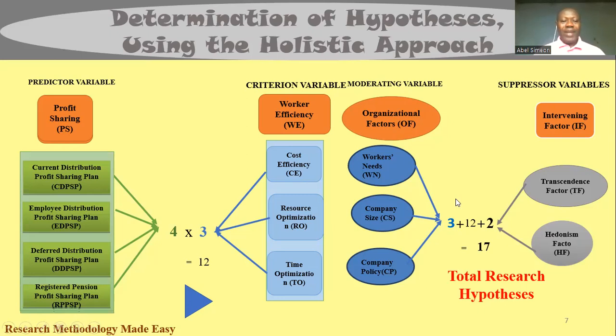The formula is simply: you multiply the dimensions by the measures, add the moderating variable if there is one, and then add the suppressor variable if there is one. There is no multiplication this time; you only multiply the dimensions by the measures. The moderating variable and the intervening or suppressor variable are added to it. So it is a function of the number of dimensions, measures, moderating variables and suppressor variables that determines the total number of hypotheses. This is how you determine your research hypothesis.